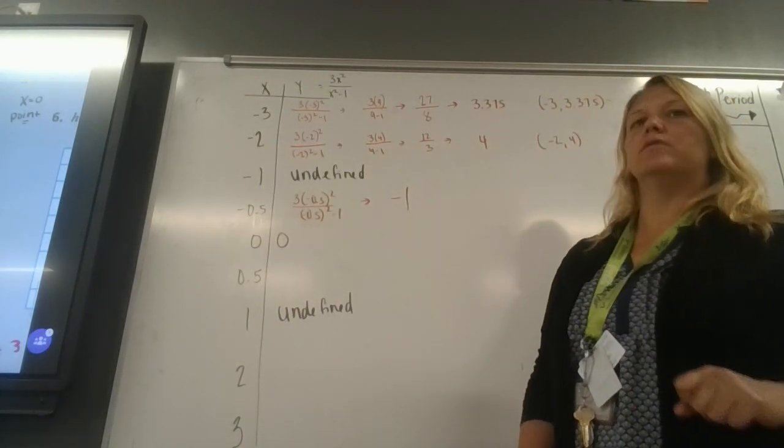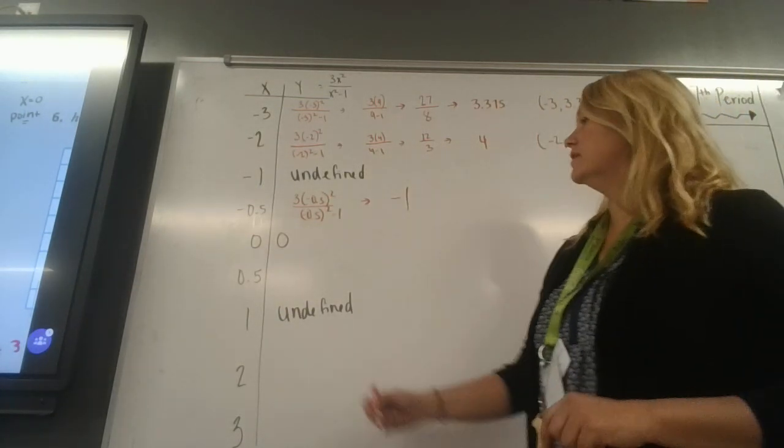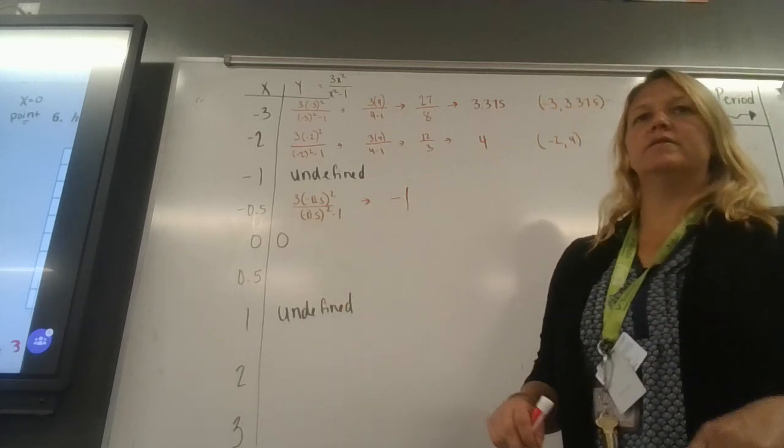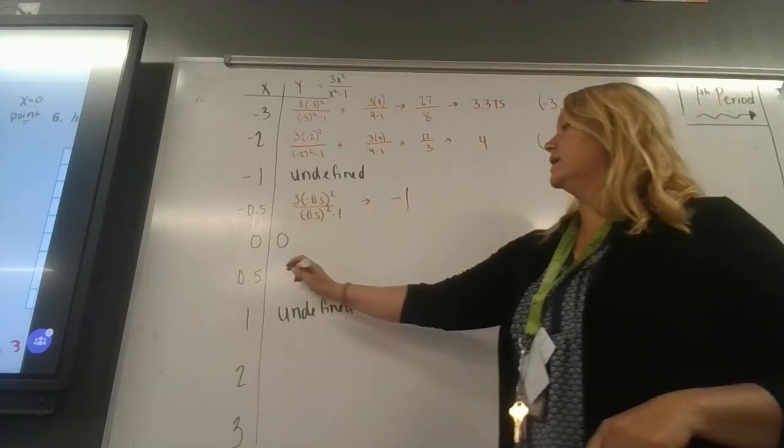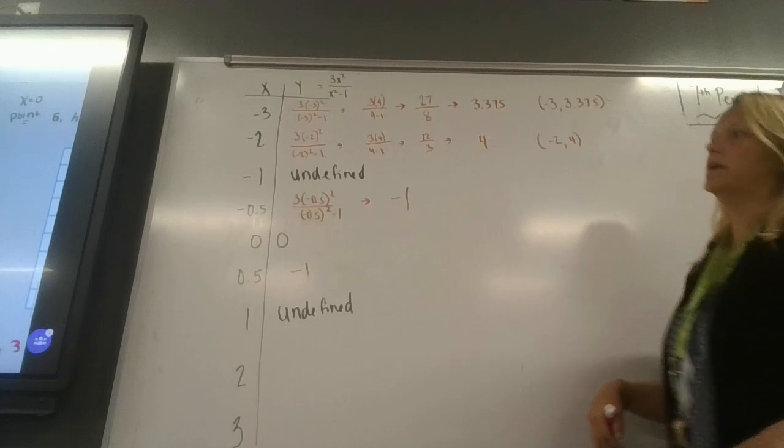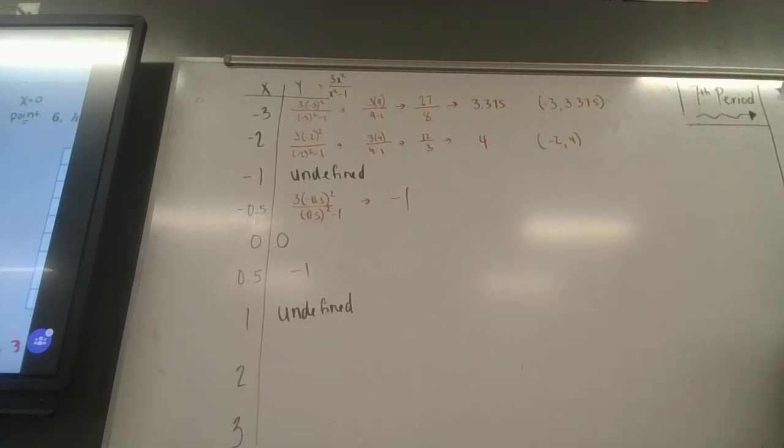Anybody else get -1 for -0.5? Okay. What about +0.5? -1 again. There's some symmetry here. Not all of them are symmetrical. Like, don't expect to see repeats like this, but we are seeing repeats.